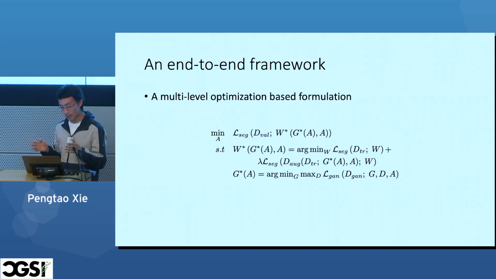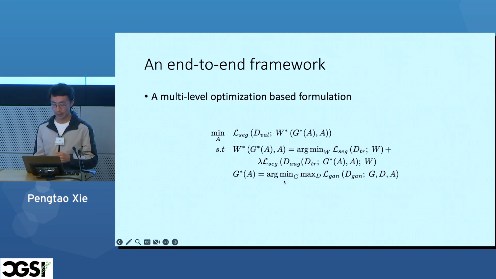Then we can put all these pieces together and we get this multi-level optimization-based formulation. It has 3 levels. The output of the first level is the input of the second level, and the output of the second level is the input of the third one. At the third level, we optimize the architecture A. After A is optimized, the loss function in the first level is going to change, so we redo this process.